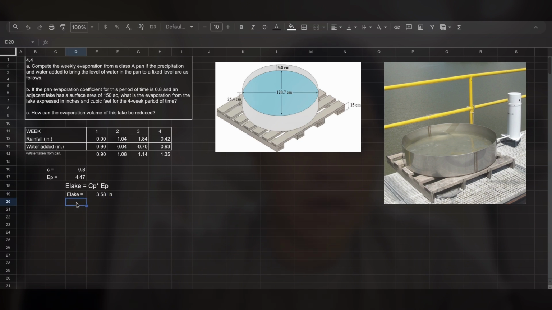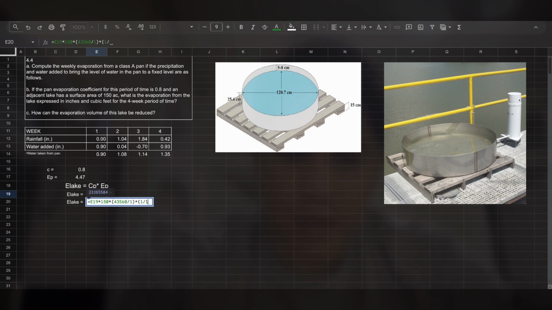We need to find now the same value but in cubic feet. Since this is a depth, and cubic feet includes the area, we need to multiply that value of 3.58 times the area, which we're told is 150 acres. So we need to get rid of acres. We're going to multiply this by 43,560 square feet divided by 1 acre, and then multiply to get rid of the inches.